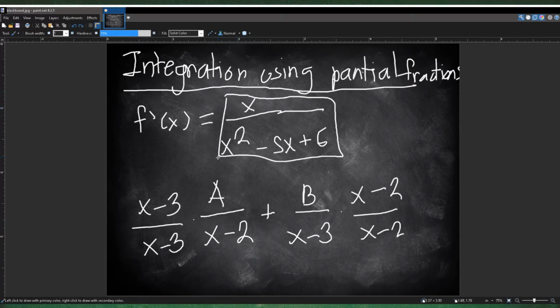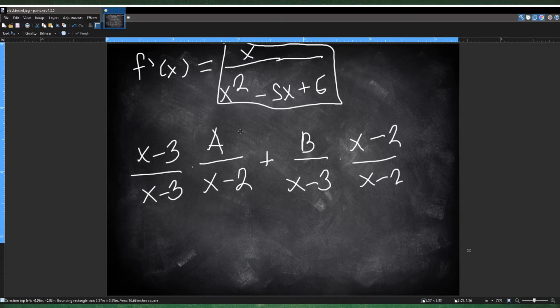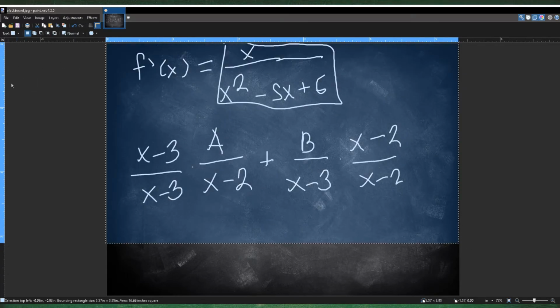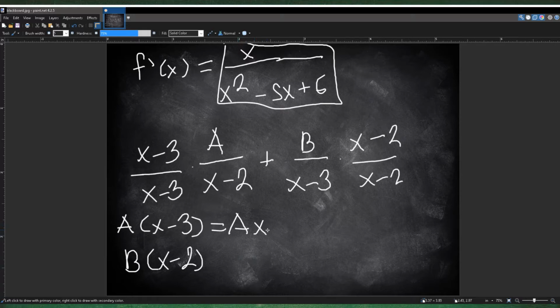So we have a times x minus 3 and b times x minus 2. You expand this out. That's ax minus 3a. This is bx minus 2b.